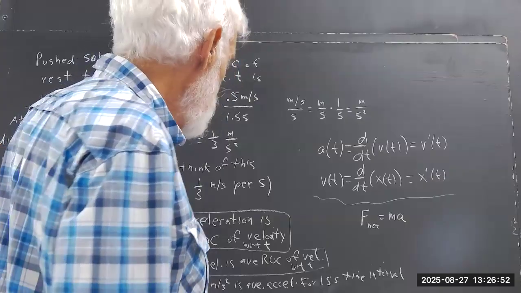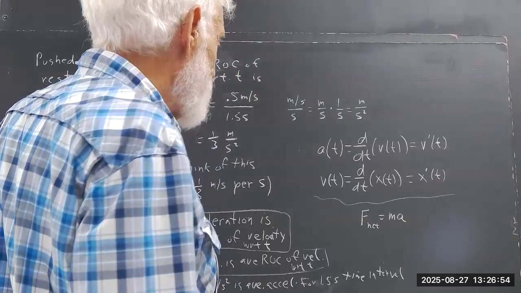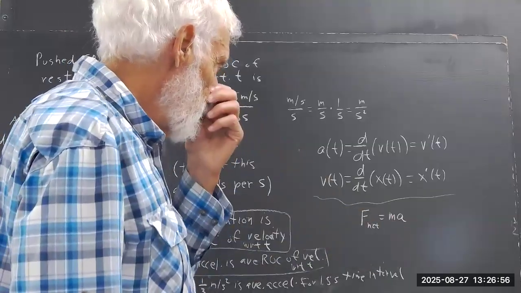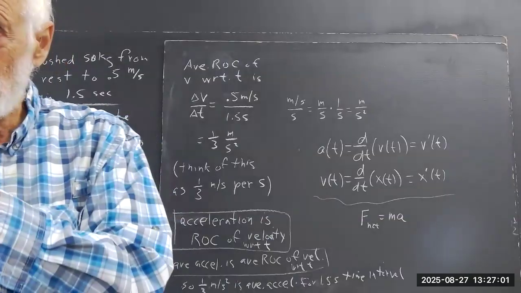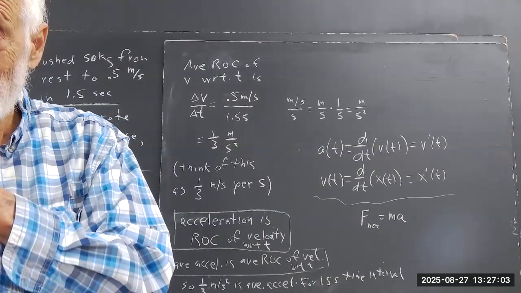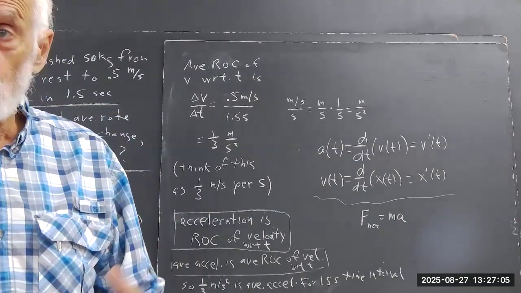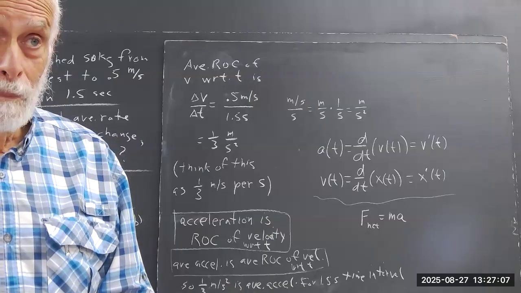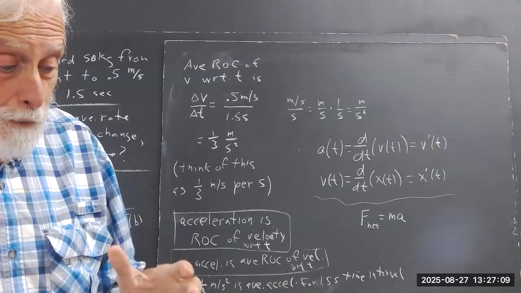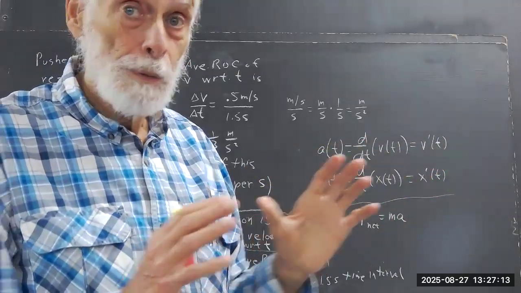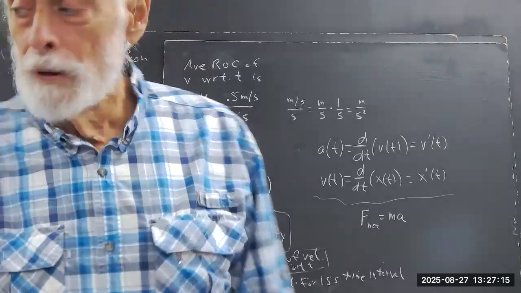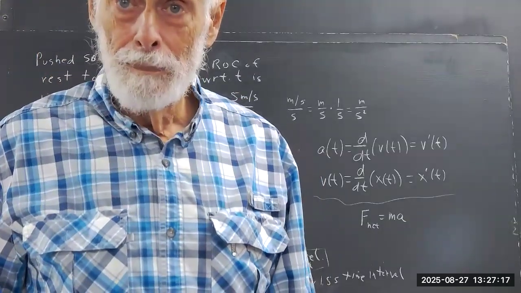Okay, so we have this. And the reason I want to have this is that the cart has a constant mass. So in this case, the net force that was being exerted was not the force that I was exerting. I was exerting a force, but there was some friction resisting me.